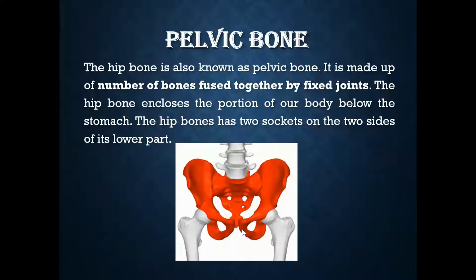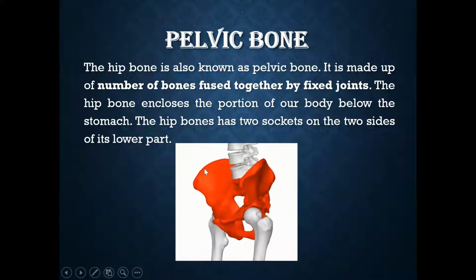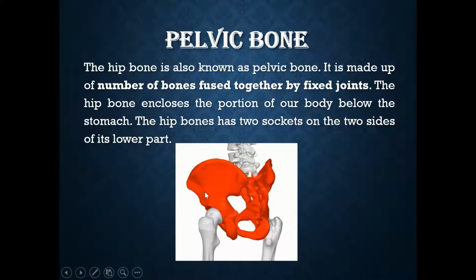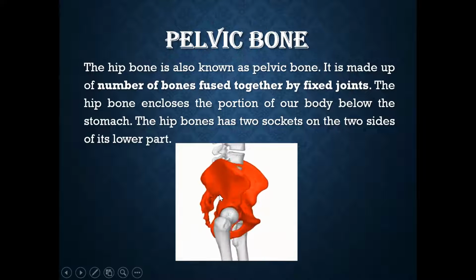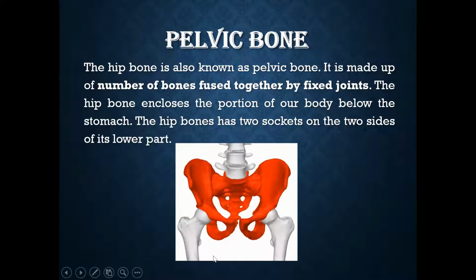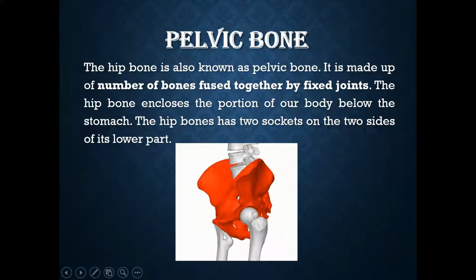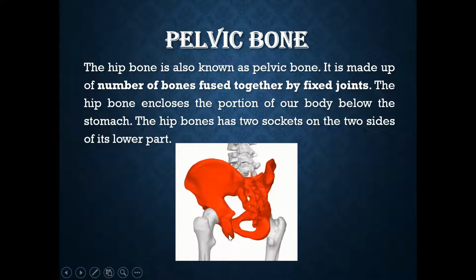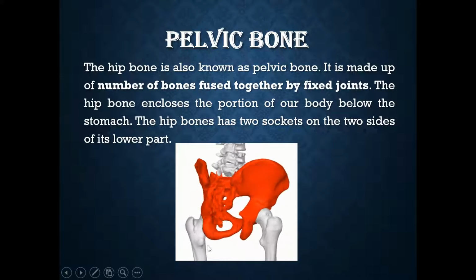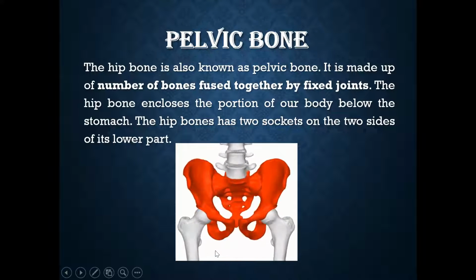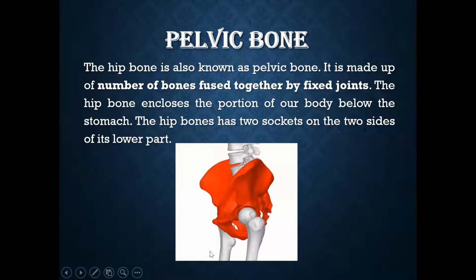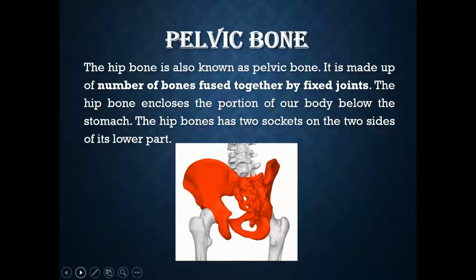The bones of the hind limb are attached to the hip girdle. The upper bone of the leg is called femur or thigh bone. It is the largest bone in the body. The lower bones of the legs are tibia and fibula.